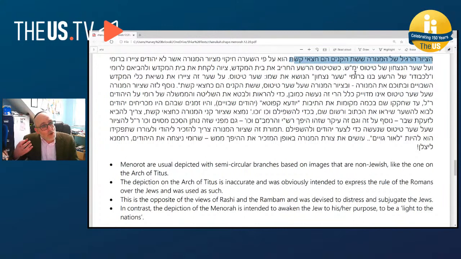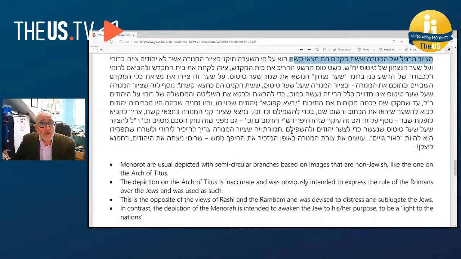extracting information from depictions of the menorah that are not Jewish in origin, and particularly the one that the Romans depicted on the Victory Arch of Titus, of which we've just seen an image. When Titus, the wicked one, destroyed the temple, he instructed his troops that they should sack the temple and bring its spoils to Rome.